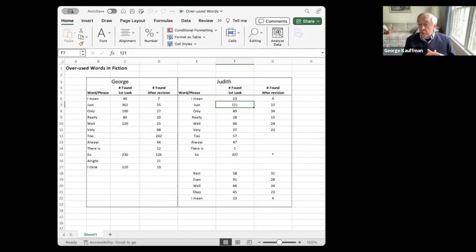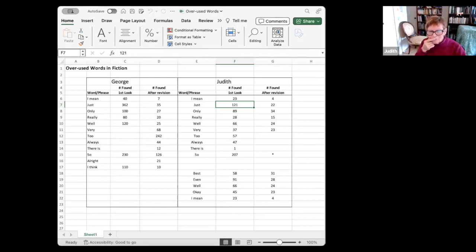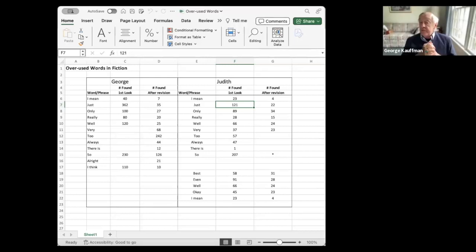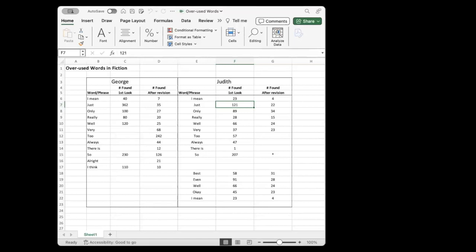You can make it use whole words, you can make it use ones with capitals or not with capitals. But that's how I nailed these things down. I thought of them on my own, and then it would say you have 362 occurrences of "just." And so then I read my way through.